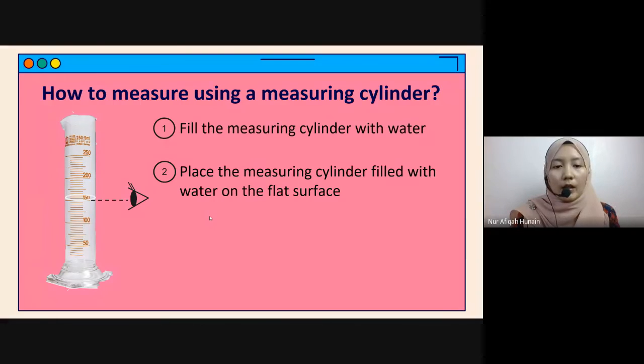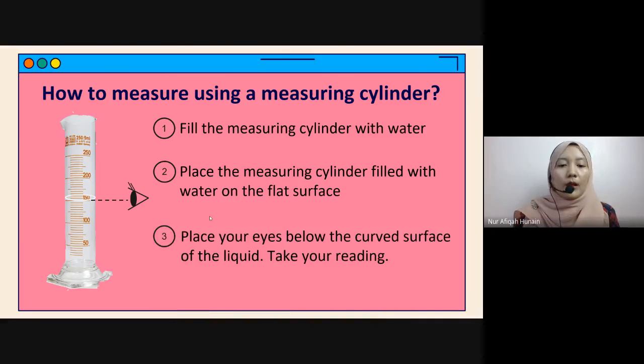Okay. Step number 2 is still the same. You need to put it on a flat surface. Number 3, place your eyes below the curved surface of the liquid.